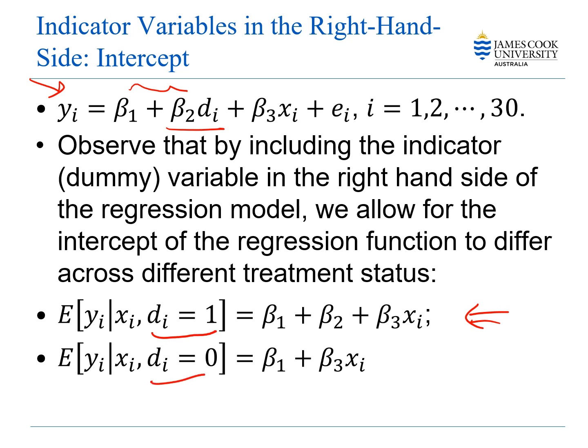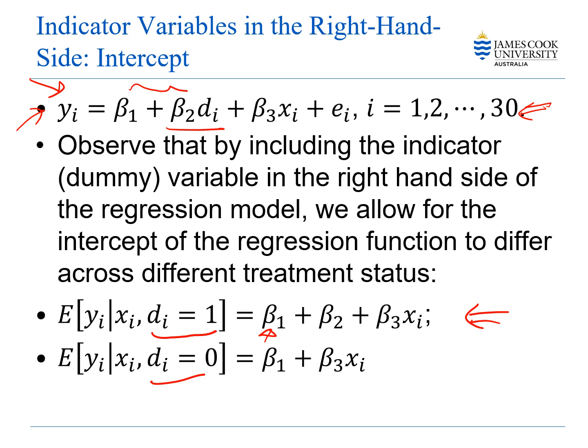So if Di is equal to 1, we can take the expectation on this equation conditional on Xi and Di equal to 1. Okay, so beta 1 is a constant, so it's still there. Beta 2 times Di.